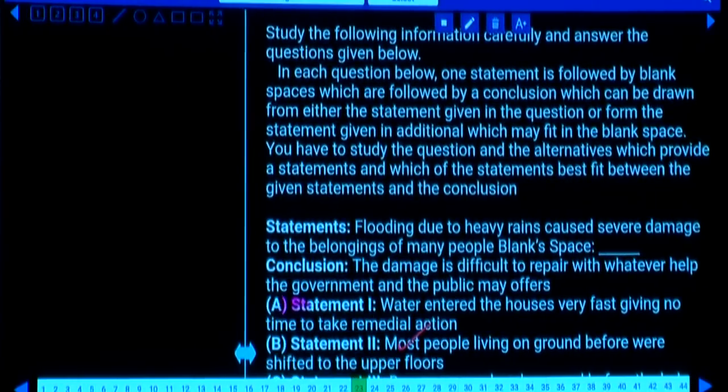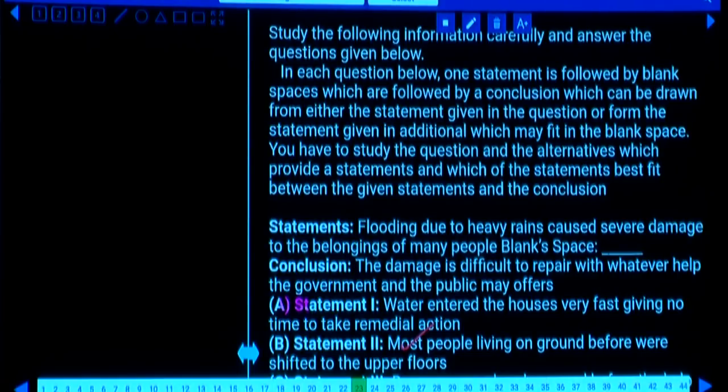Now question numbers 23 to 26, statements, conclusions, isn't it? In the meanwhile, there is a blank. Now statements, and this is the first statement. Next one, there is a blank. Now this blank must be filled by one of these statements, if it is required.